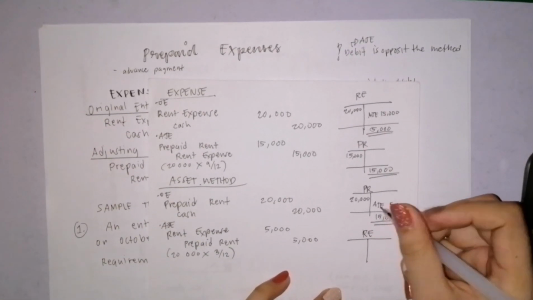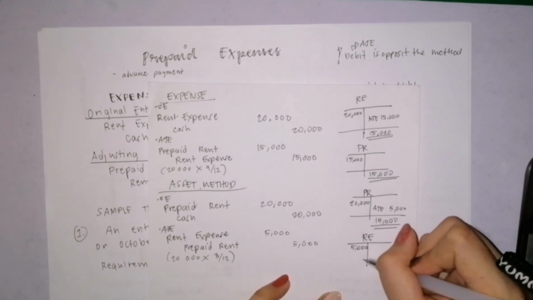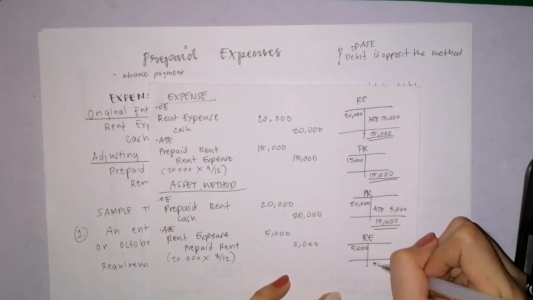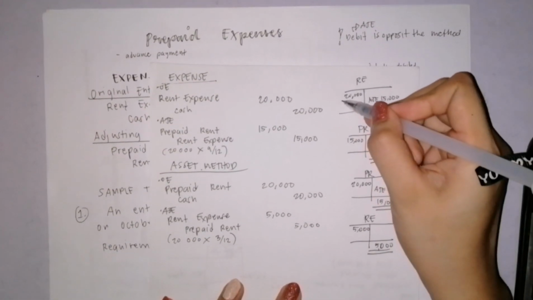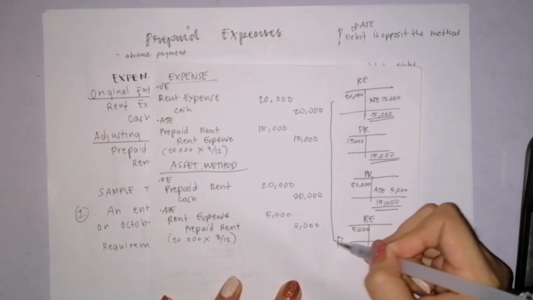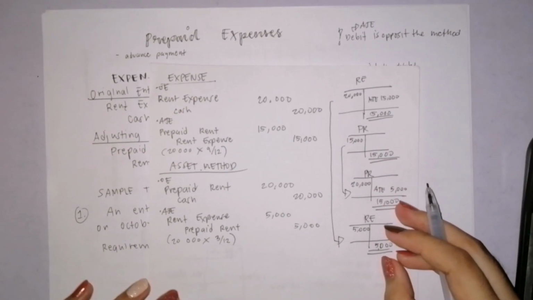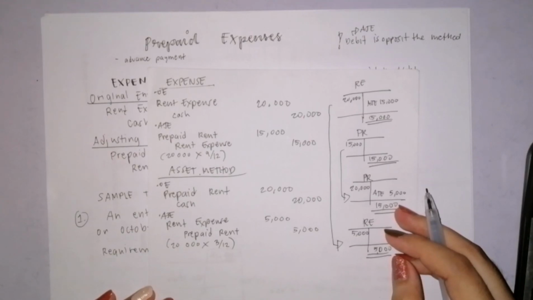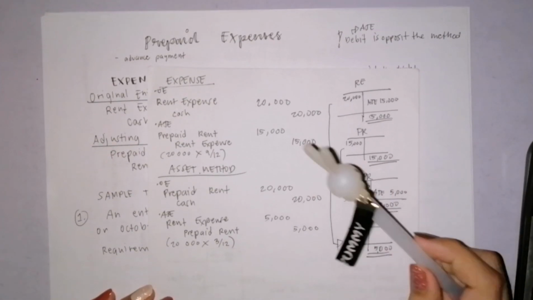The only transaction affecting this is the adjusting entry, wherein we debit 5,000. So the balance is 5,000. Regardless of the method used, the rent expense will be equal, which is 5,000, and the prepaid rent is 15,000. Always remember these ways on how to make adjustments of prepayments.